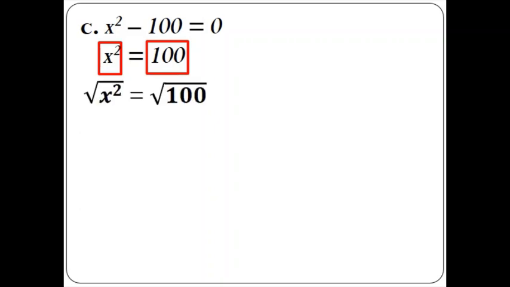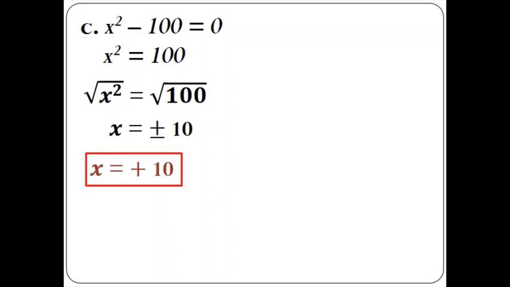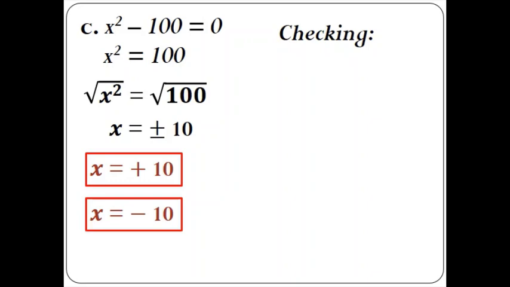So, nagiging square root of x squared is equal to square root of 100. And the square root of x squared is x, and the square root of 100 is positive negative 10. Therefore, the solutions to the equation x squared minus 100 are positive 10 and negative 10.